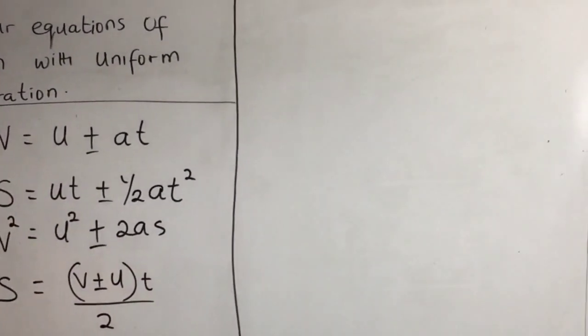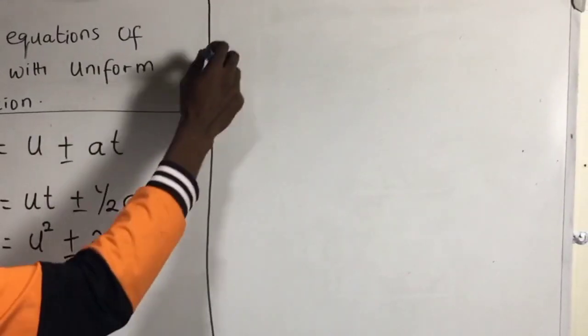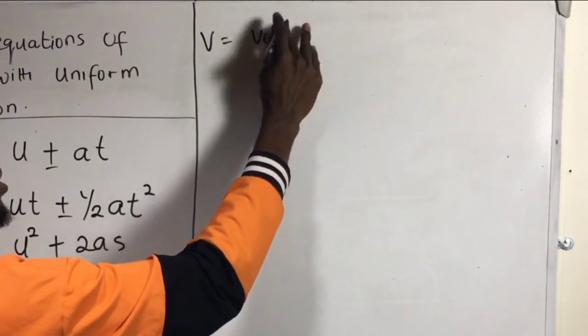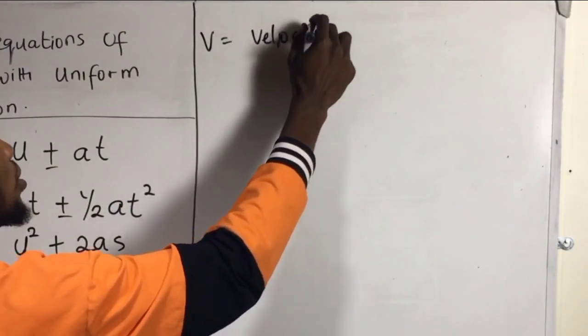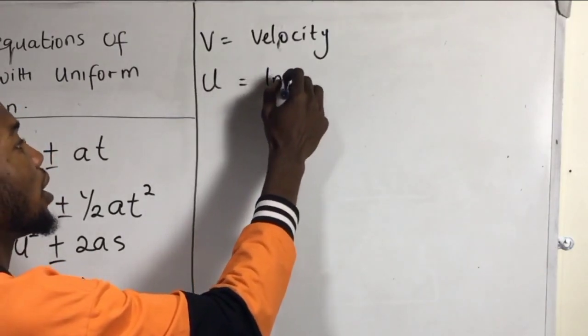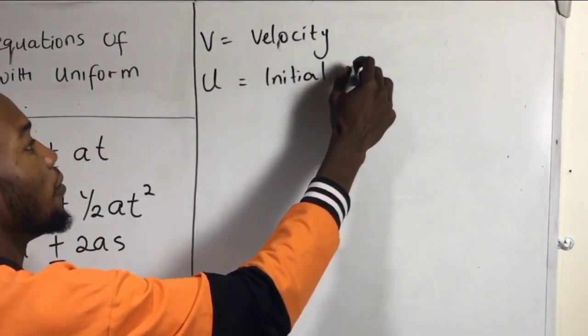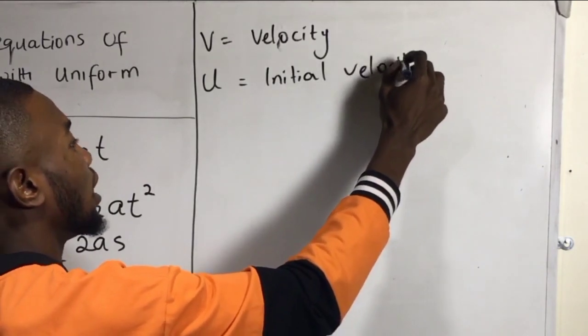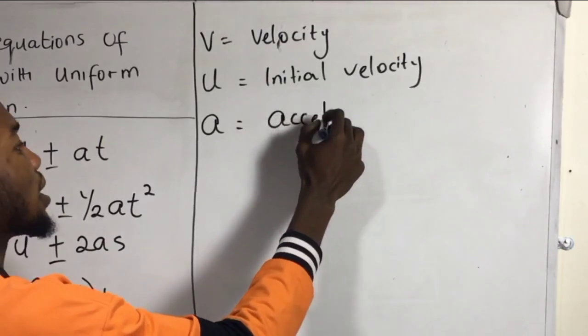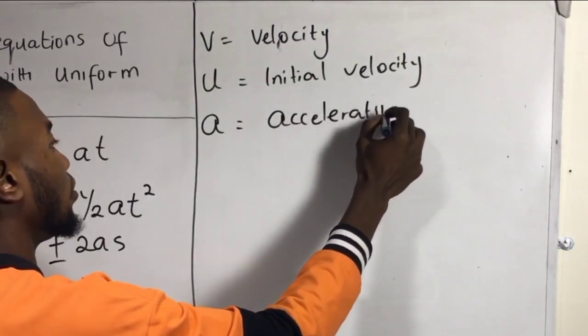Now, let's see what all this means. When we talk about v, we refer to the velocity of the body. And when we talk about u, we are referring to the initial velocity of that body. And a is the acceleration of the body.